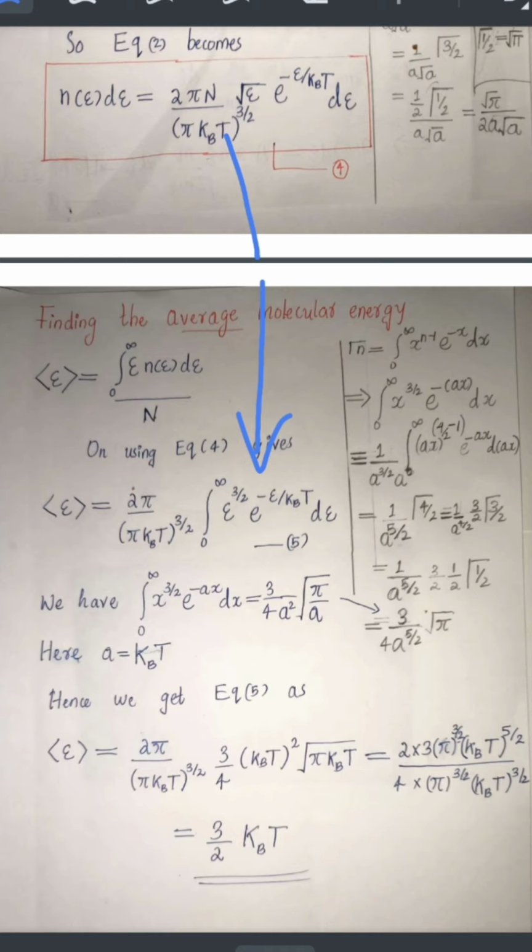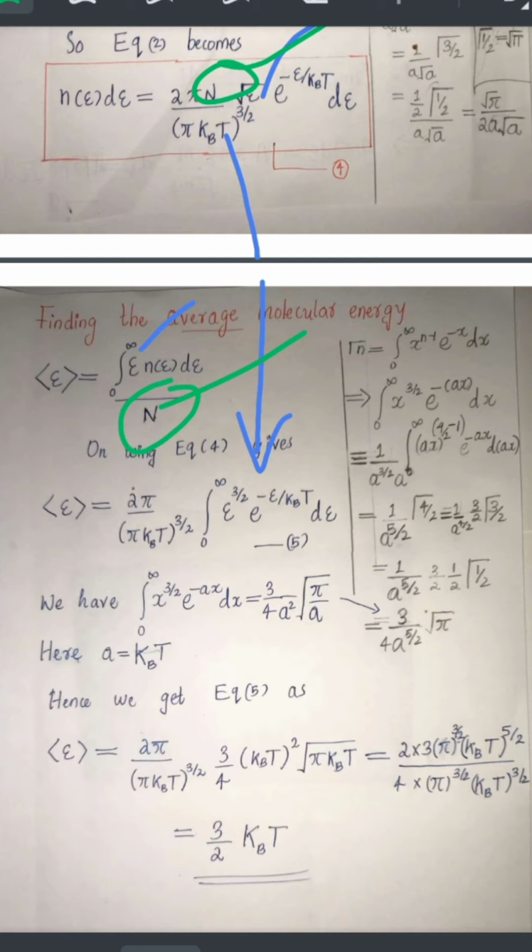Just the power of e changes, because this e and this root e together give e to the power 3 by 2, and this exponential factor is still there, and this 2 pi and this n is cancelled by this n, so that n doesn't appear here.